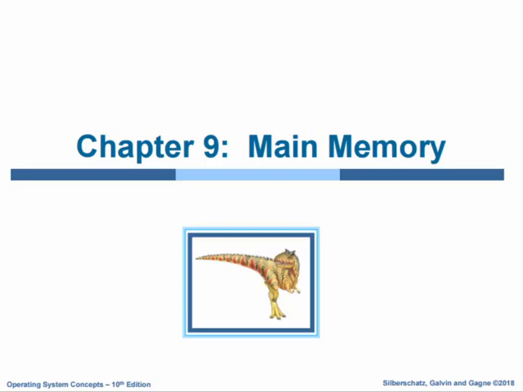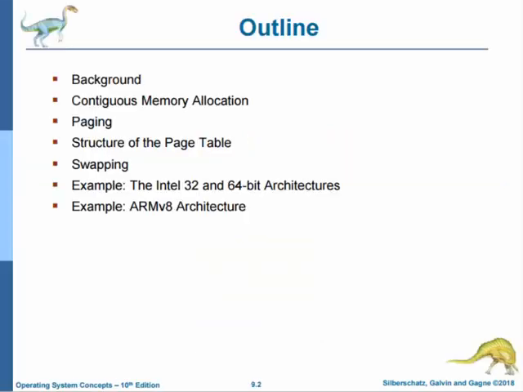In this particular chapter, we're going to discuss various ways to manage memory, and you will see that each approach has its own advantages and disadvantages. Our outline will cover the following topics. We'll have the background, and then contiguous memory allocation.